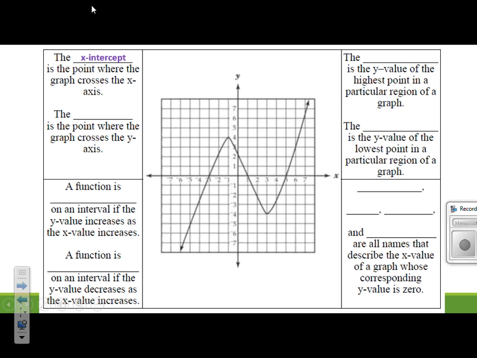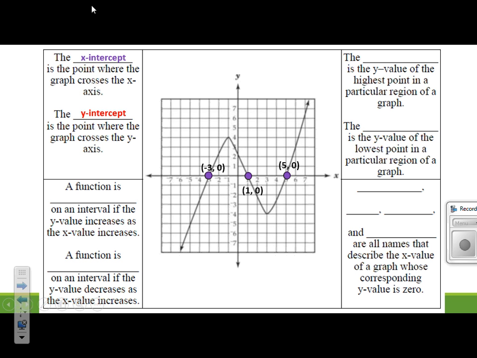Those are called the x-intercepts. So go ahead and write x-intercepts. And if you notice, I have that in purple. And then I'm going to go ahead on the graph, and in purple, I'm going to show you what the x-intercepts are. So one of them is -3, 0. One is 1, 0. And another x-intercept would be 5, 0.